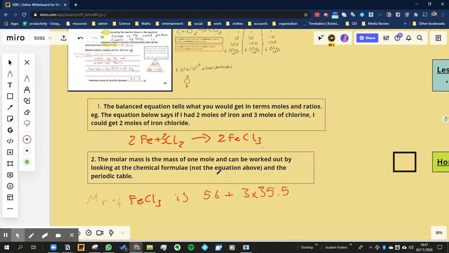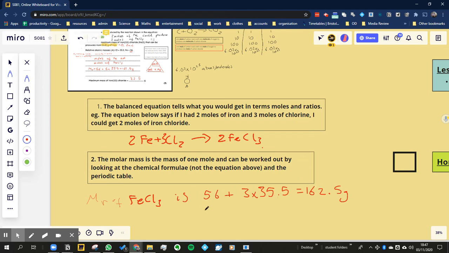So that's how you would work that out, which we did in the question. That's 162.5. So that is the mass of 1 mole.